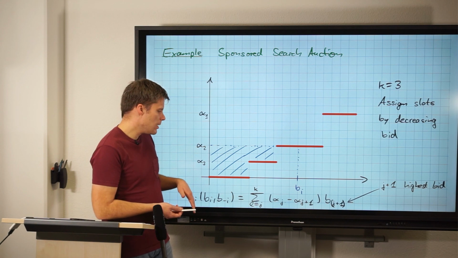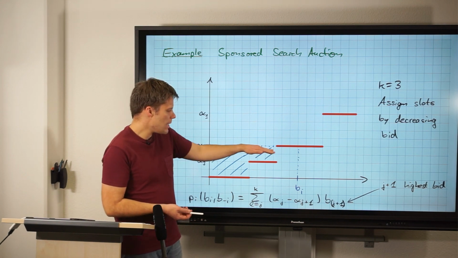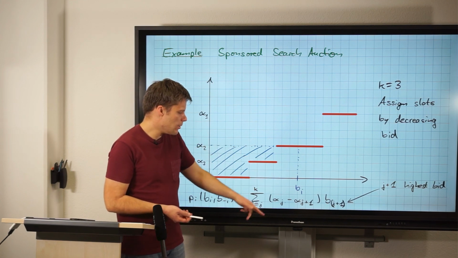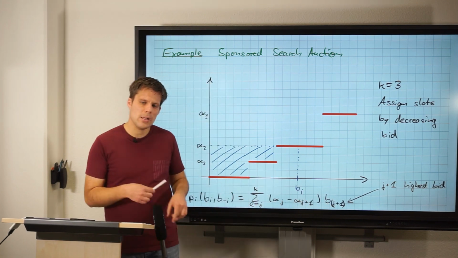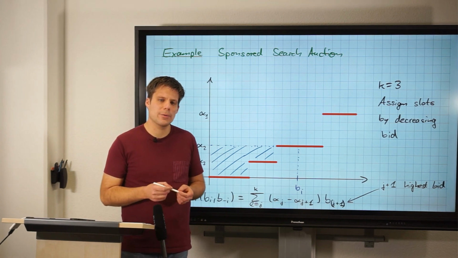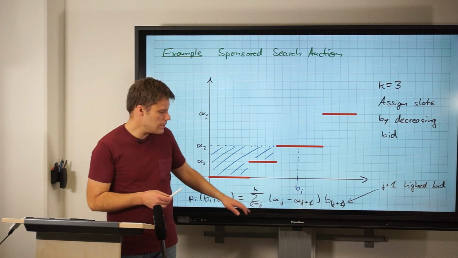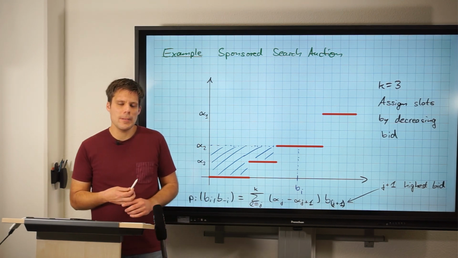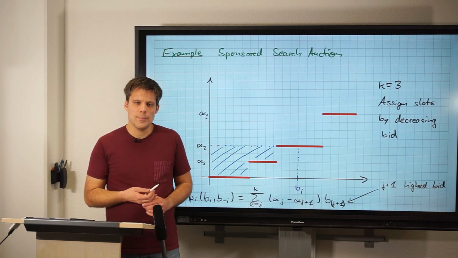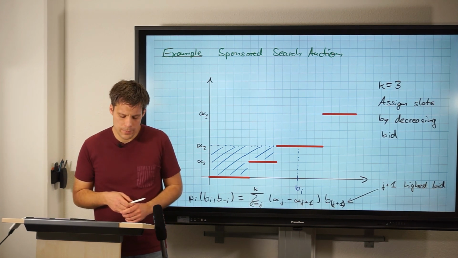I will have to pay this area times this point. And this is written down in this formula. This, I hope you remember, came up in our proof as an equivalent way of stating this formula. There's also a different way to interpret this formula, which we will be seeing sometime later, but not so far from now.